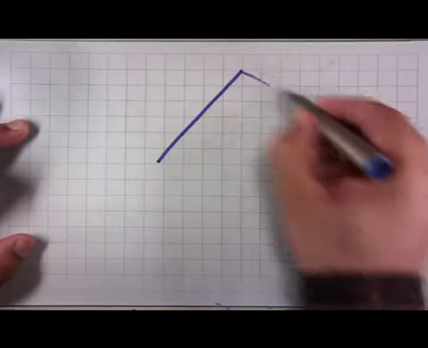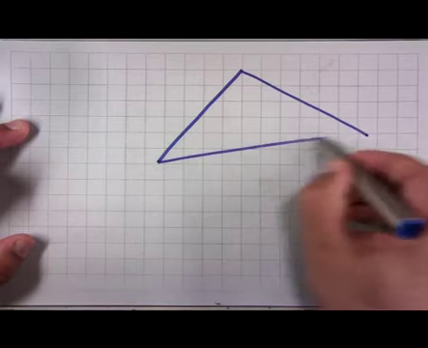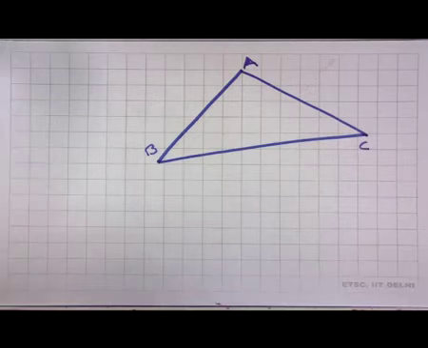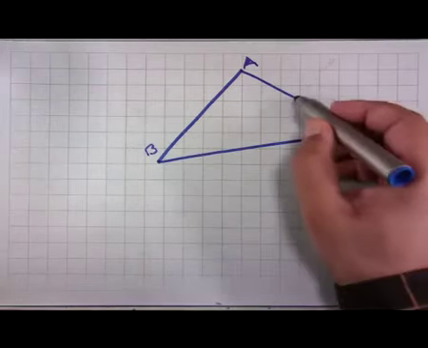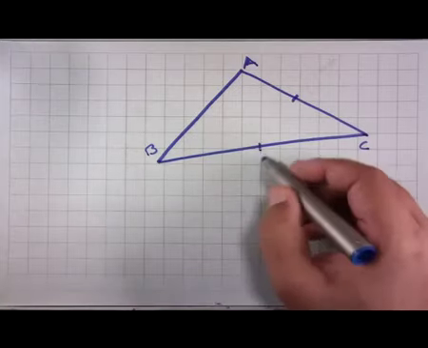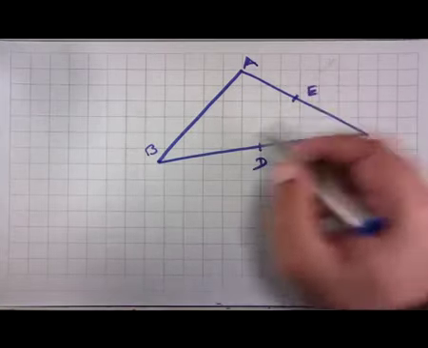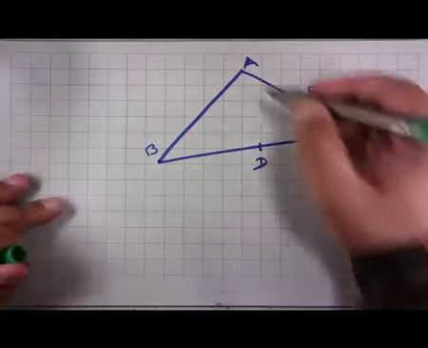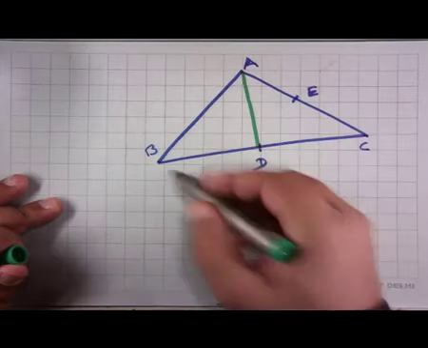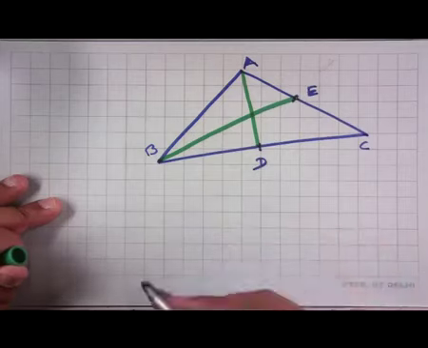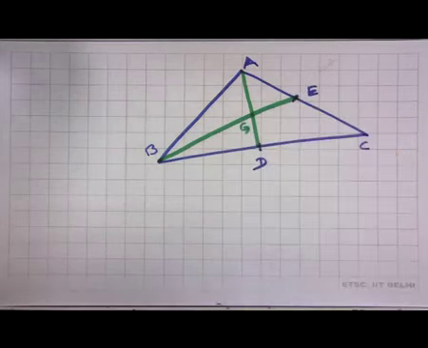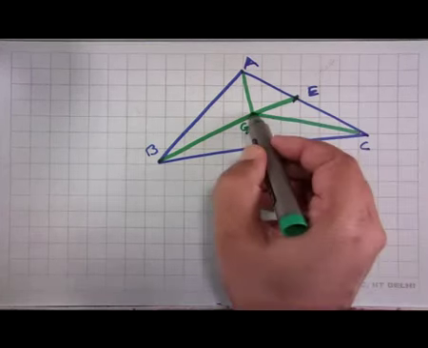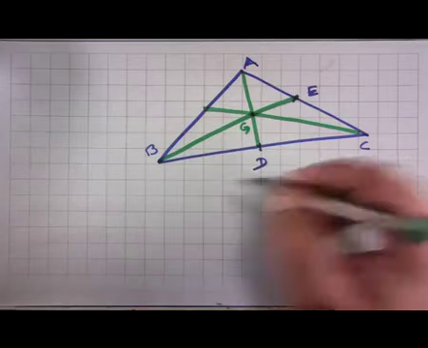So, let us say that this is our triangle ABC, and the midpoints are D, E, and of course F. This is the median AD, this is the median BE. They intersect at the centroid G, and then we of course have the third median CF.